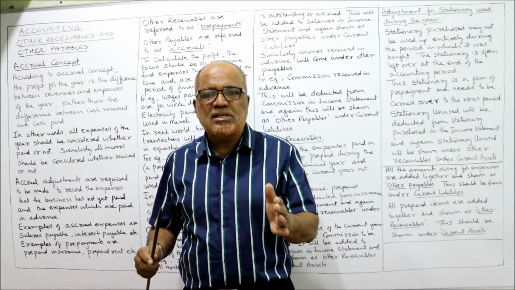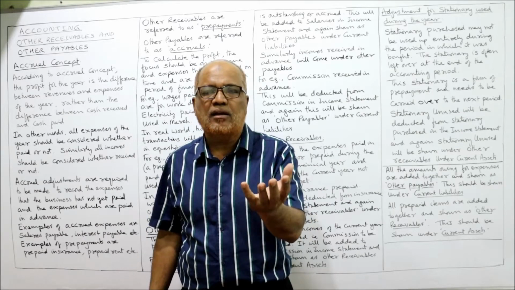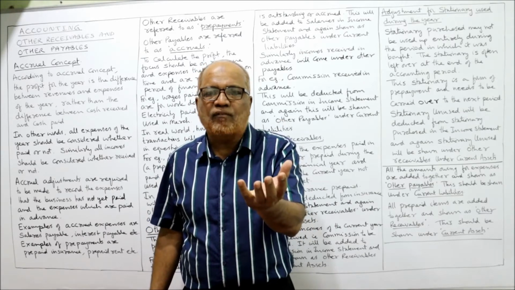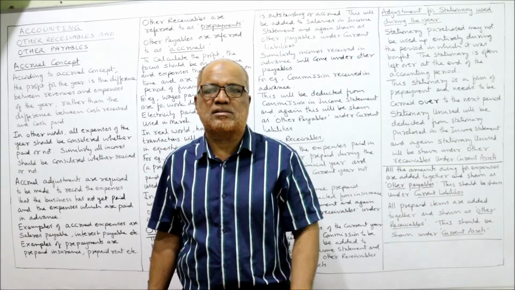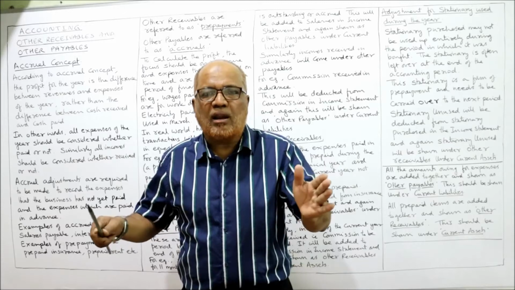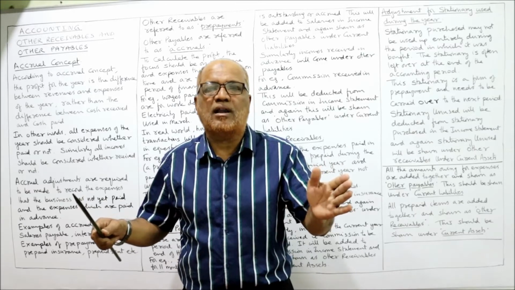That means every businessman wants to find out how much profit was earned during the year. So for ascertaining the profit earned during the year, we need revenue and we need expenses. So we need all the revenue of the current year and all the expenses of the current year.